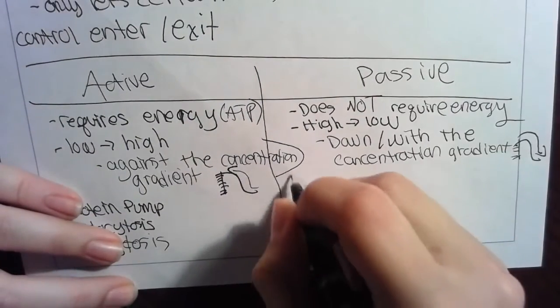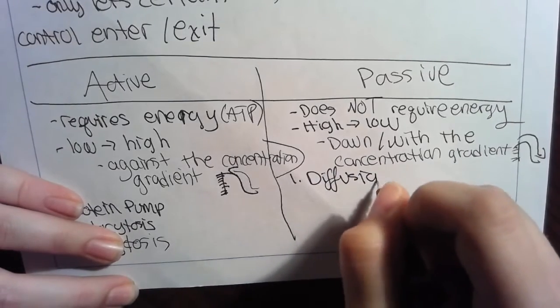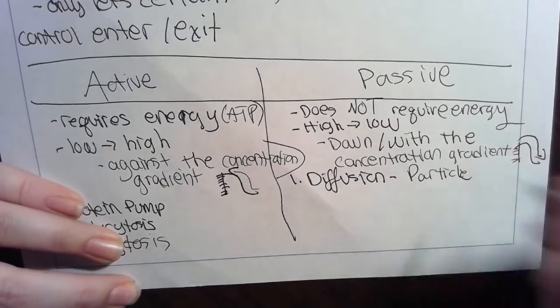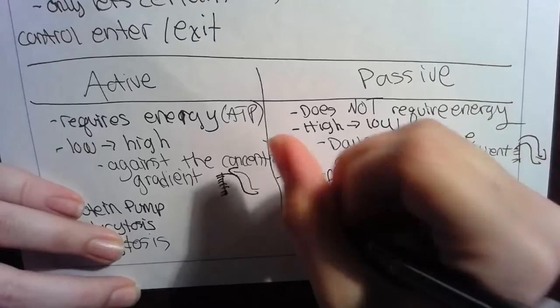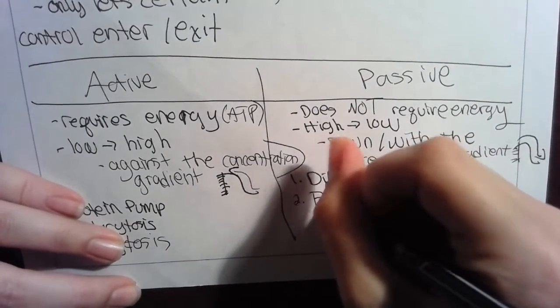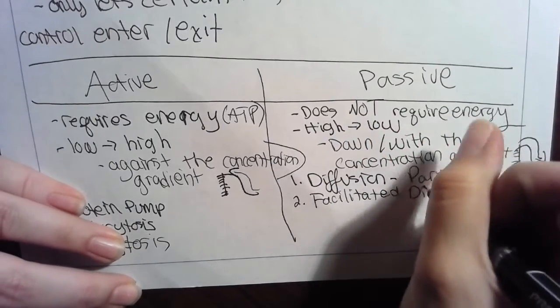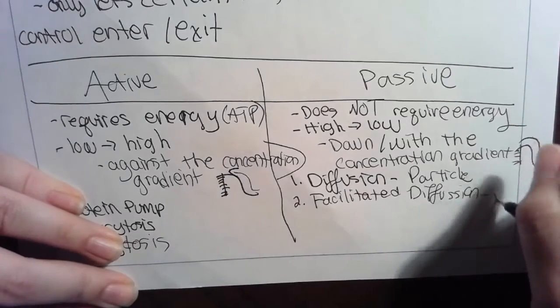We have a couple of examples. So the first one is diffusion. A diffusion is any particle that's going from a high concentration to a low concentration. The second is called facilitated diffusion. This means that it requires a protein.